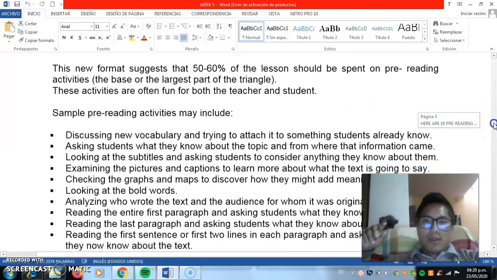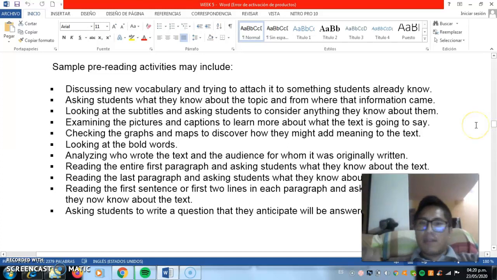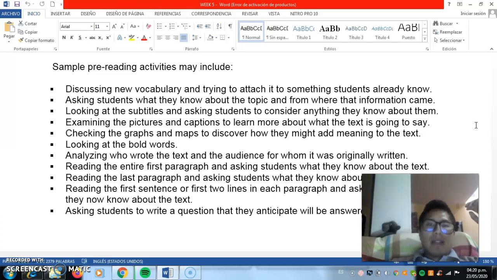This is very important to consider now. Of course you read it, but it's very important to keep this in mind. Discussing the vocabulary, asking students what they know about the topic, looking at the subtitles and asking students to consider, okay, that's okay. Examining the pictures, checking the graphs, analyzing who wrote the test.